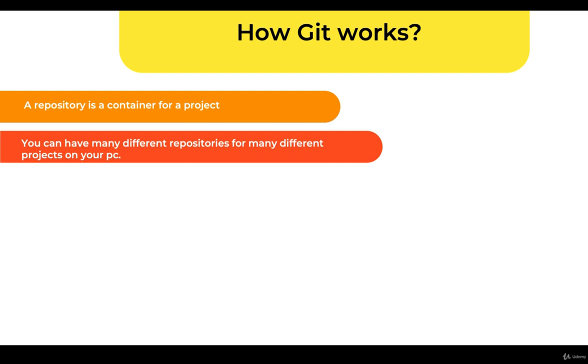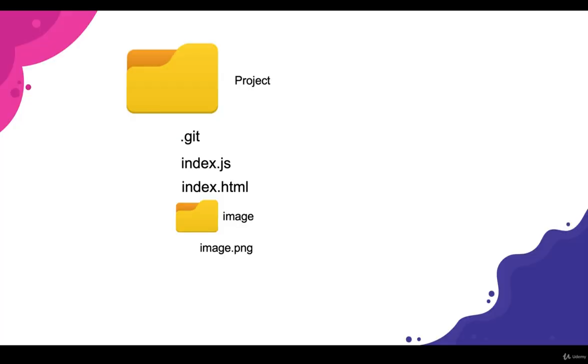One of the cool things is all of these different repos and projects are going to be tracked independently by Git. Basically, a Git repo is a project folder in which Git is going to track the contents for us.